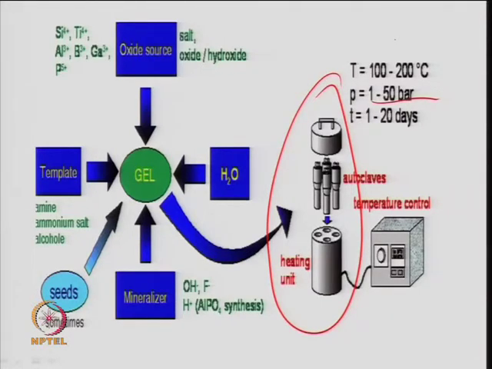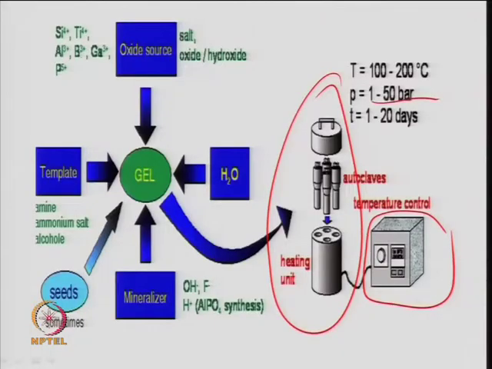Temperature may go 100 to 200 degree centigrade, which can be controlled by a temperature controller, pressure controller. You can have a pressure gauge in the system, and a safety valve is desired, right. If pressure exceeds beyond that, the safety valve should be released and be workable.